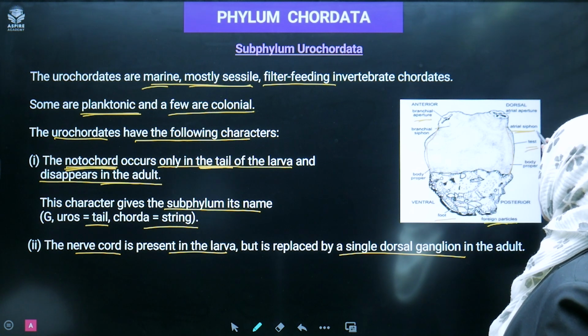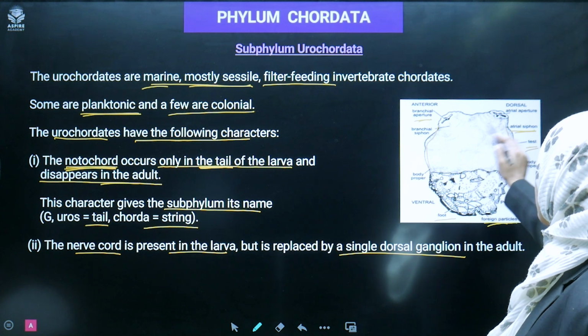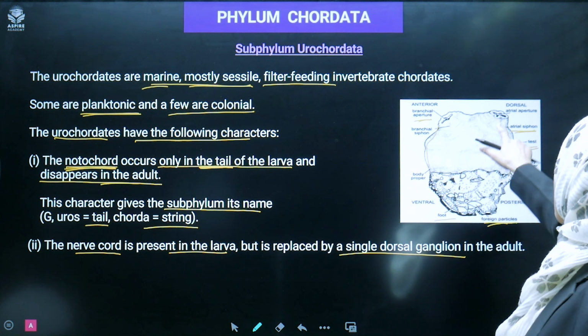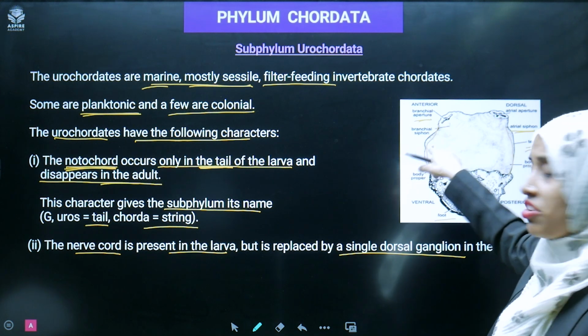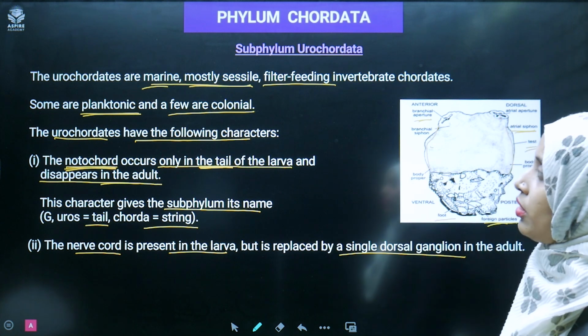And arterial siphon, this part is arterial region. Okay, this is arterial aperture. ये branchial aperture है और ये arterial aperture है. Okay.